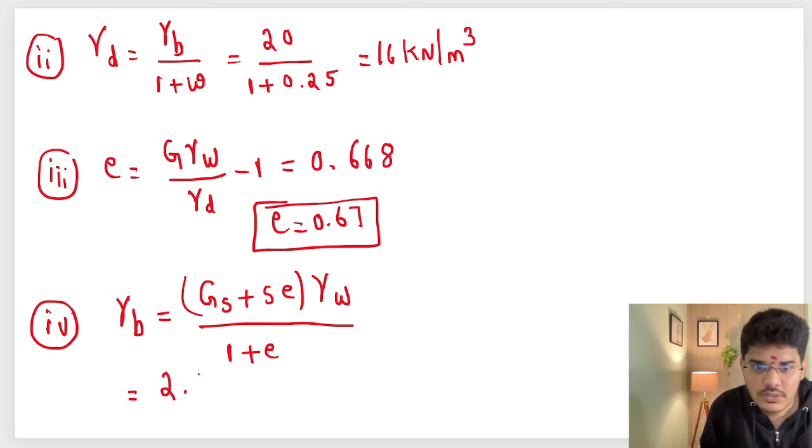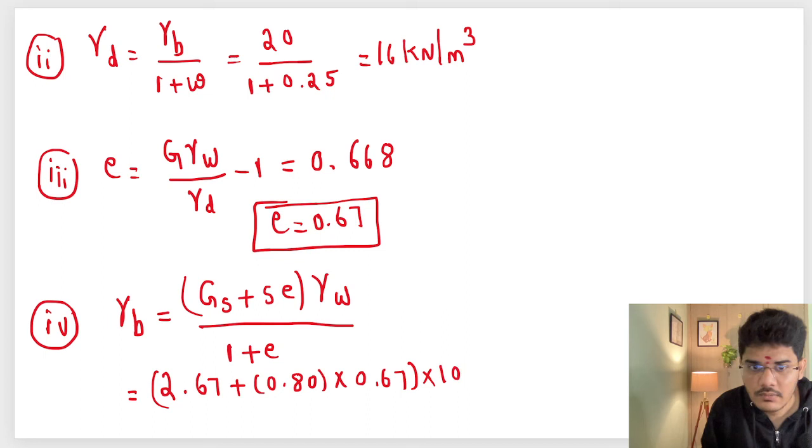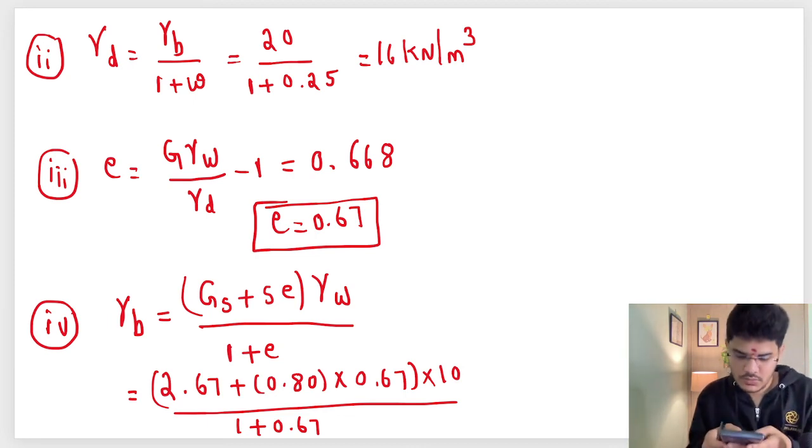Gs value 2.67 we found out, plus S value 0.80 he has given, e value 0.67, into gamma w value 10, divided by 1 plus 0.67. So (2.67 plus 0.80 into 0.67) into 10 divided by 1.67.